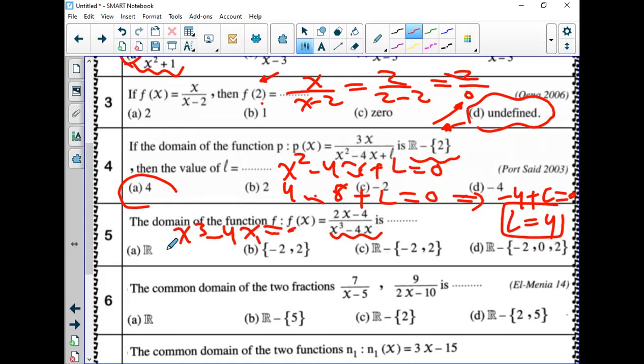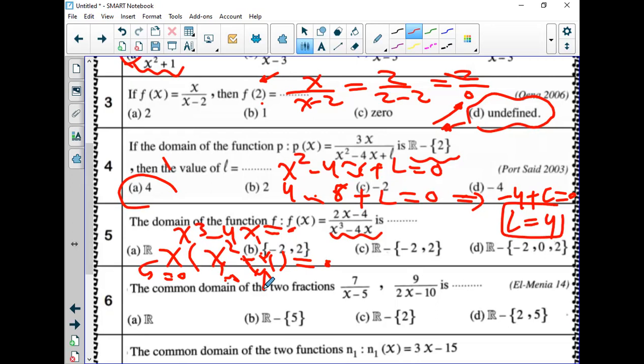We notice that x is a common factor, then x times x power 2 minus 4 equals 0. x equals 0, this is the first value, and x power 2 minus 4 equals 0, which is the difference between two squares.